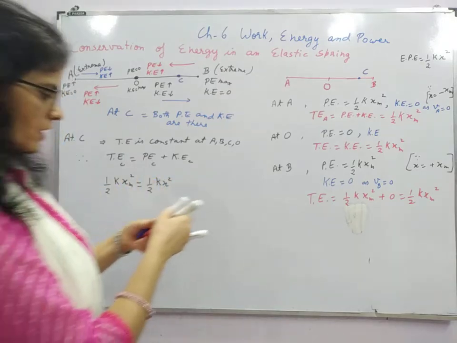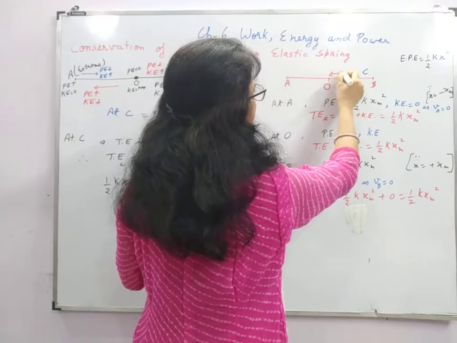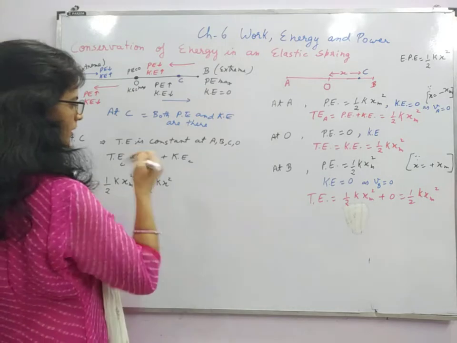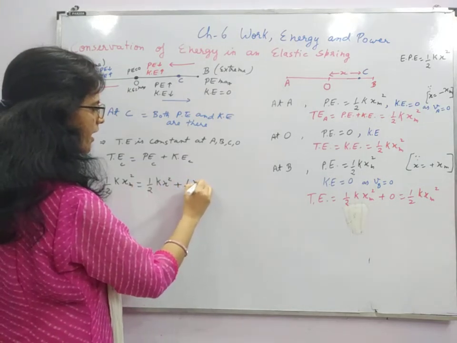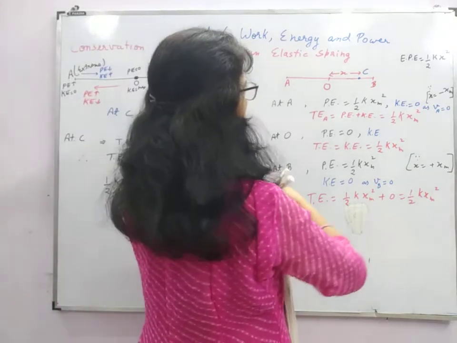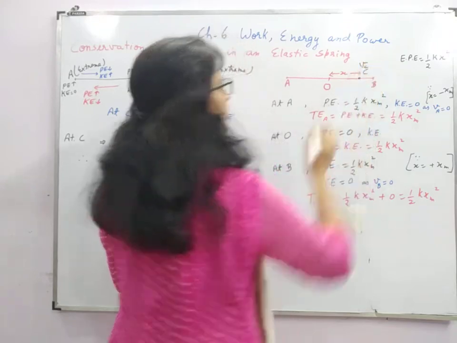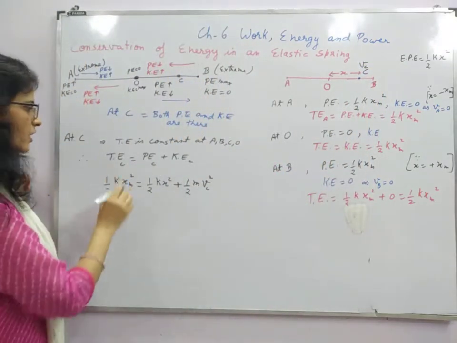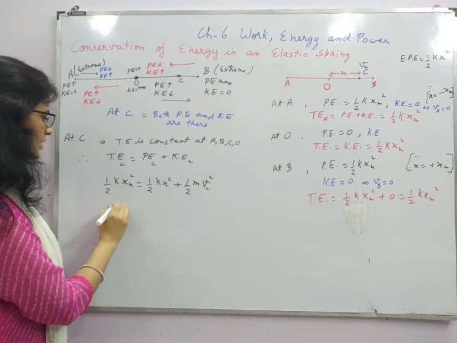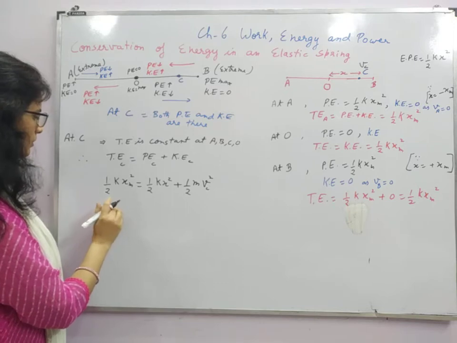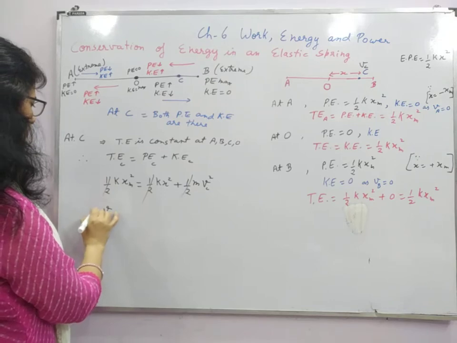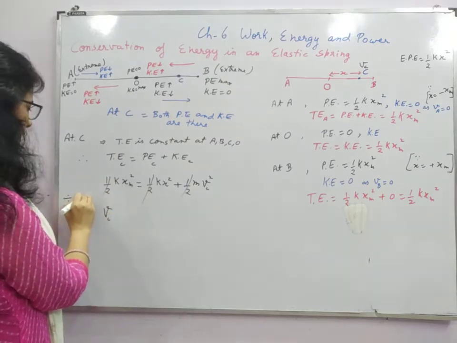Here x is the displacement of C from the mean position. Now kinetic energy will be half m vc square, where vc is the velocity at C. So how will we find the velocity at any point? First we'll cancel m, dividing the equation by m.